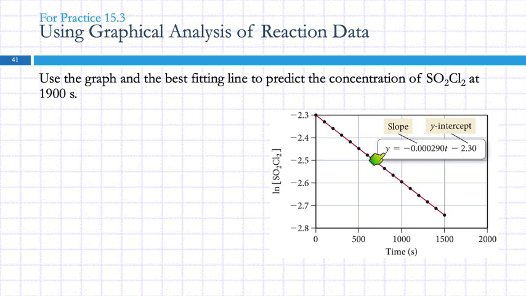So y is the natural log of the concentration and t is time. Well, we know what time, right? We're looking for 1900 seconds. And so we'll put that into our equation. Let's just write it this way.